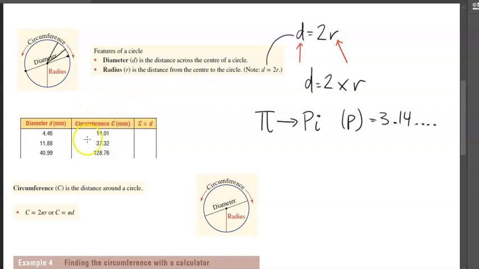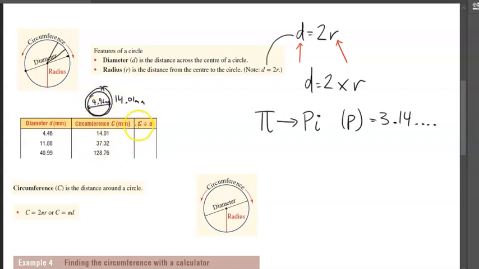We draw this circle, we go right around from end to end, and this is 14.01 millimeters. And then the diameter, remember the diameter is that line that goes across from end to end. This is 4.46 millimeters. Okay, so we've got these two different measurements.